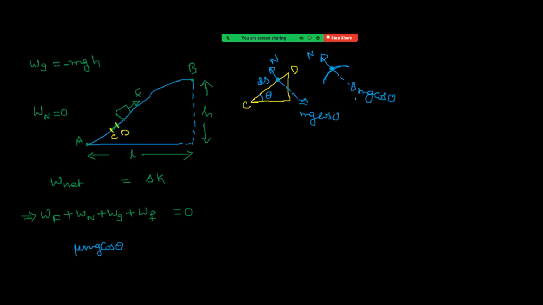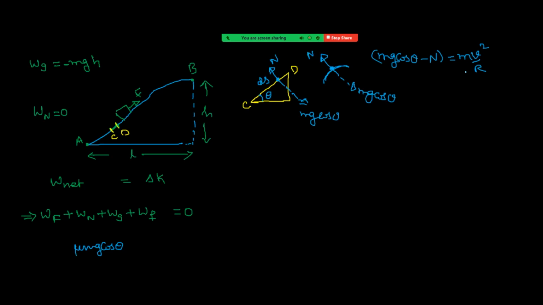Then I should write here mg cos theta minus N, that provides the centripetal force, and that is equal to mass into centripetal acceleration, m v square by r.